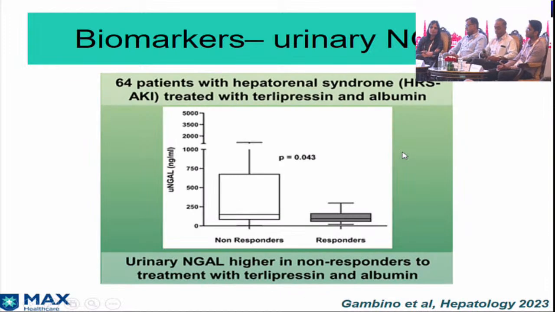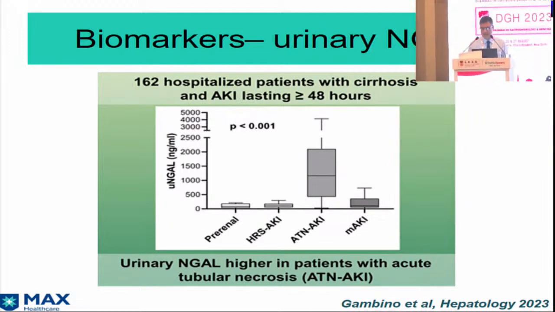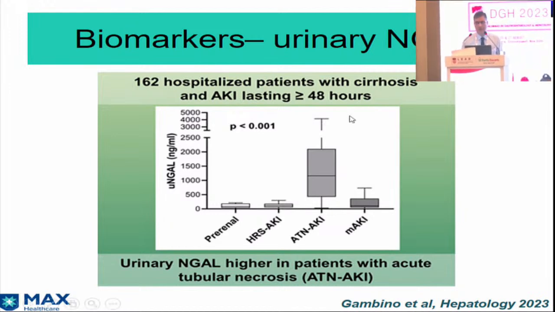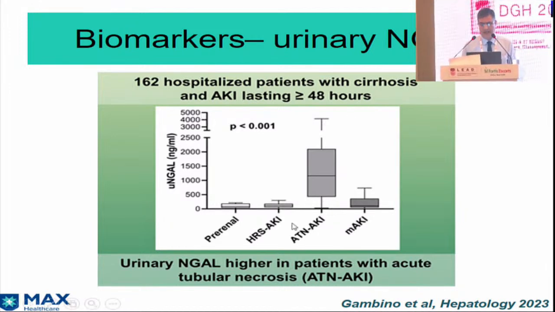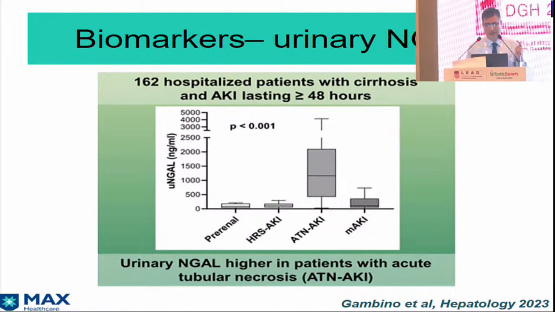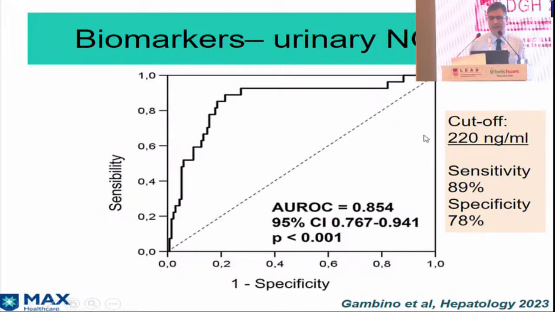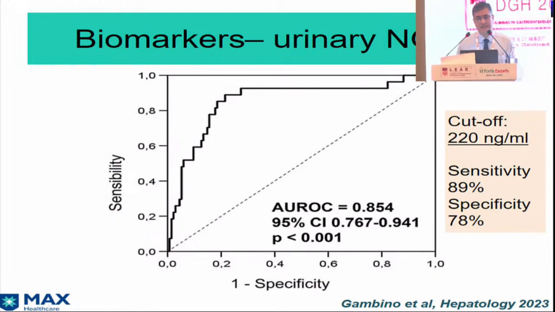Right. So there have been a number of studies, as he pointed out, but this was a recent study, 2023, published in Hepatology, with 162 patients. The levels of urinary NGAL were significantly higher in AKI due to ATN rather than other forms of AKI, and a cutoff of 220 was able to differentiate ATN-AKI from HRS-AKI.